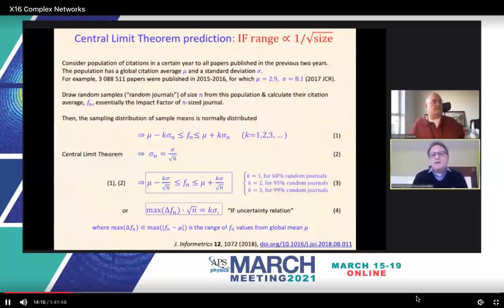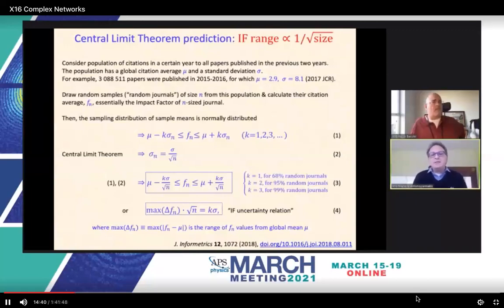The central limit theorem, which is a central theorem of statistics, allows us to quantify and perhaps find a way out of this situation. Suppose that you put together all the papers published over a 2-year window and cited over the year after. This is an impact factor data set. Then you randomly select samples, random journals from this set.